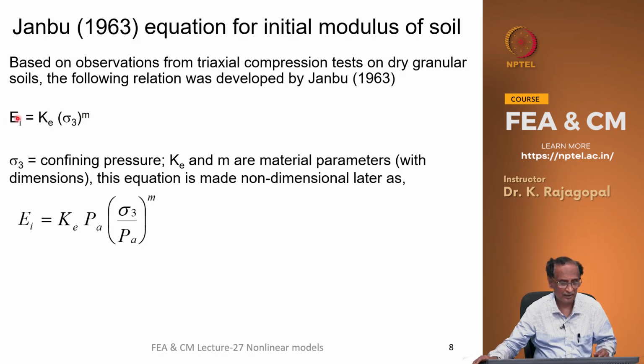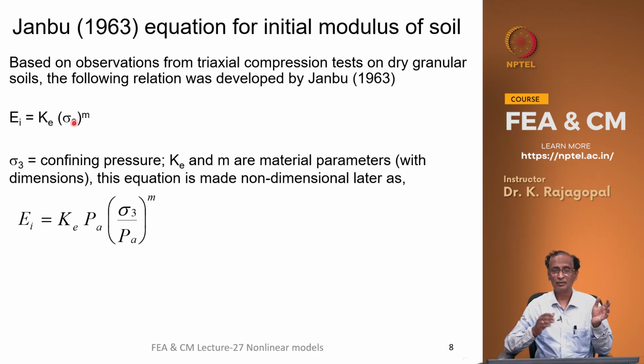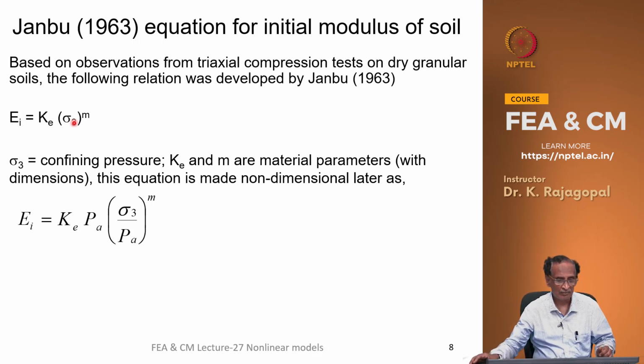But then if you see this, on the left hand side we have a modulus, and on the right hand side we have the stress, and the units for both the modulus and the stress are the same. But then we have these two parameters Ke and m.